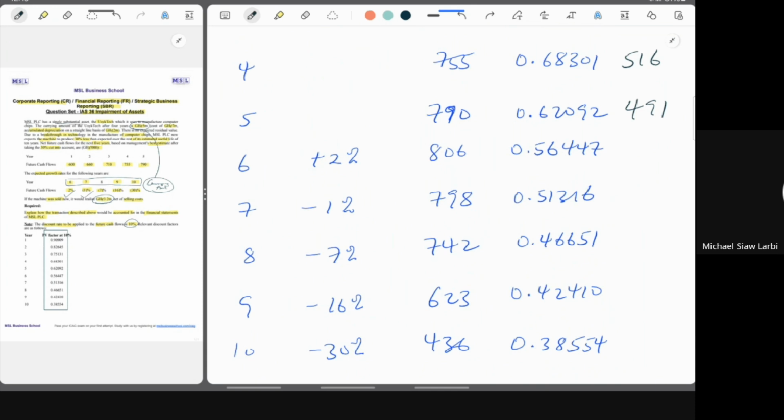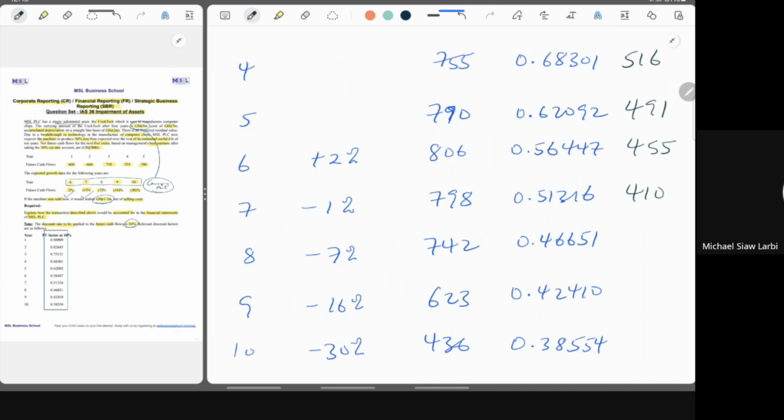That can be 455 rounded. Year 7, 798 times 0.51316 should give me 409.5 roughly. That can be written as 410 roughly.